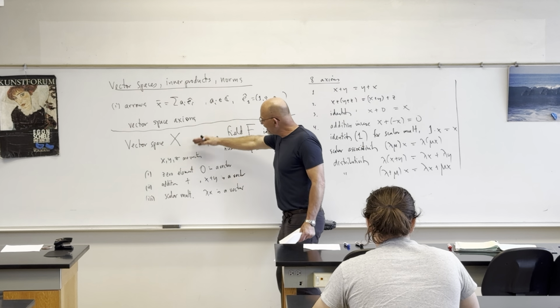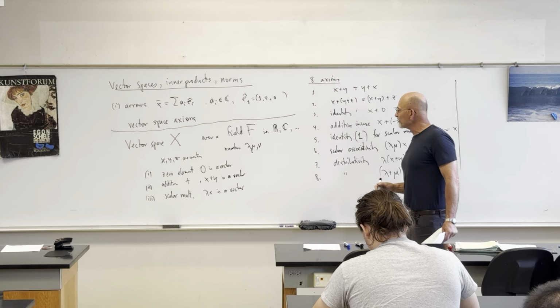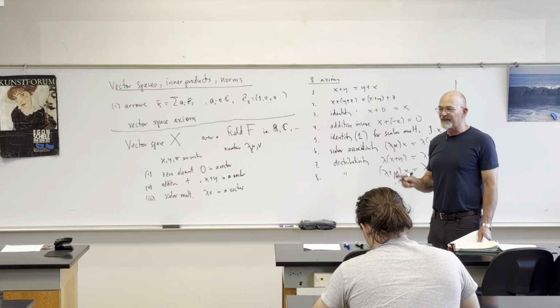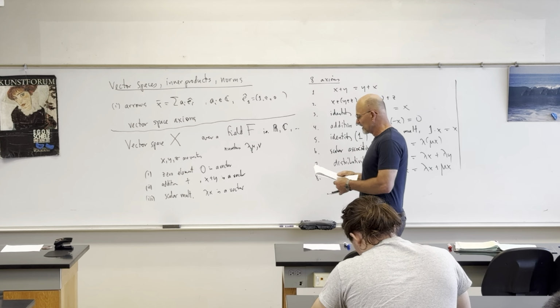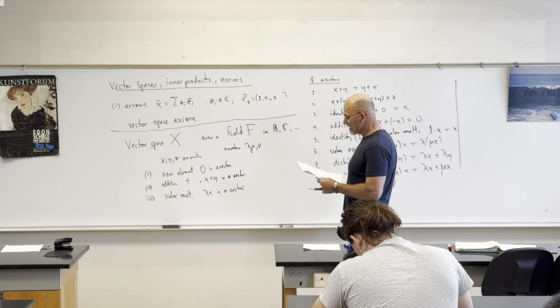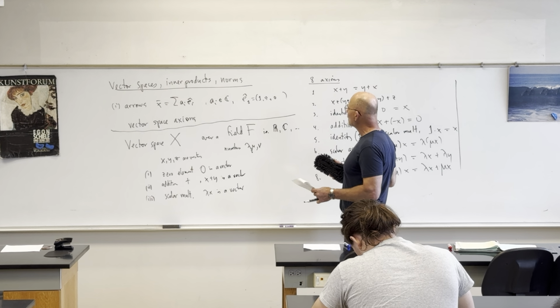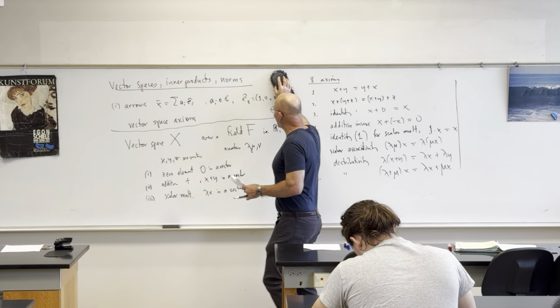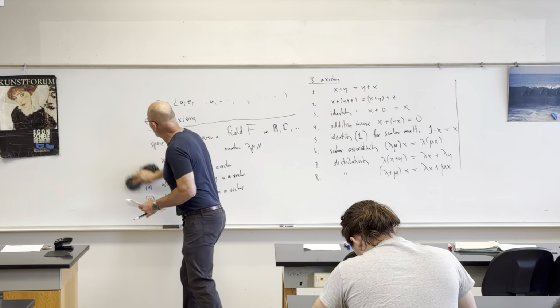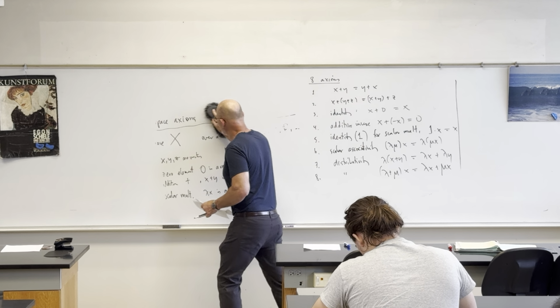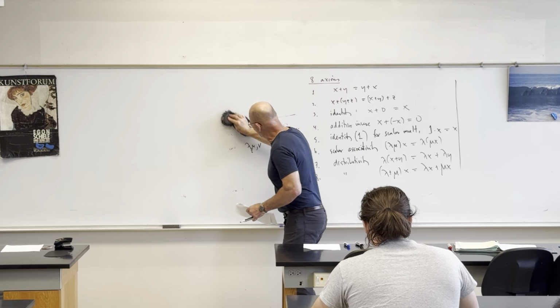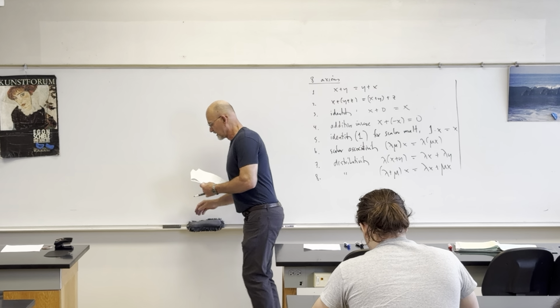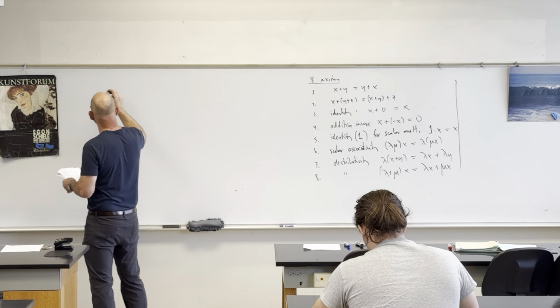So if we just have these properties, we have to add some to have an inner product space, and that inner product is what we've learned as the dot product. So I'll put down the inner product space axioms.